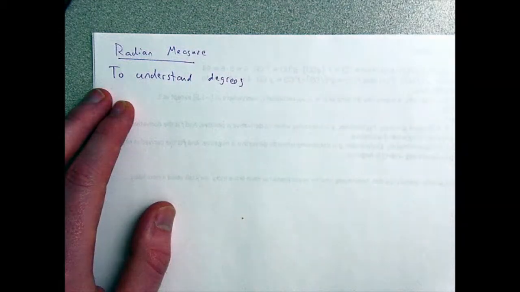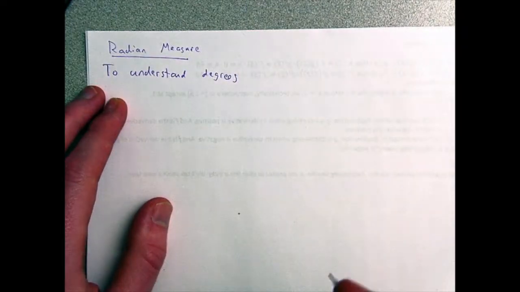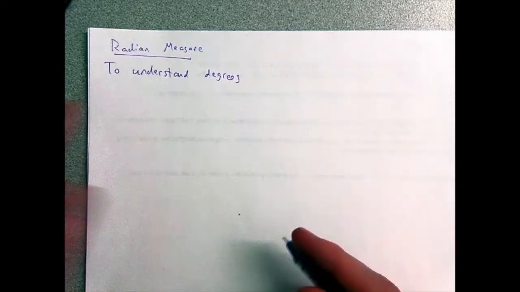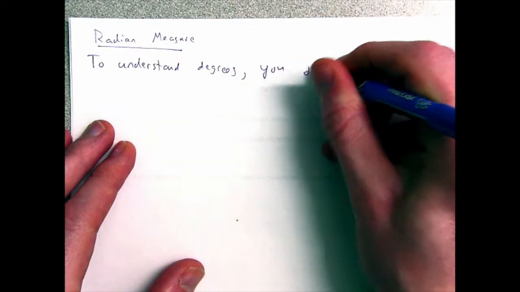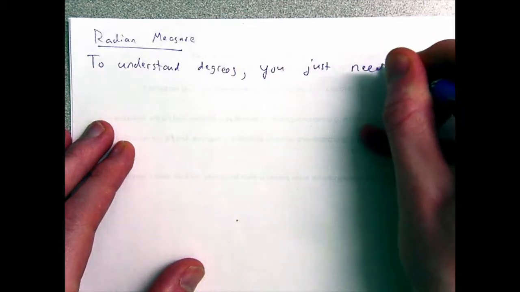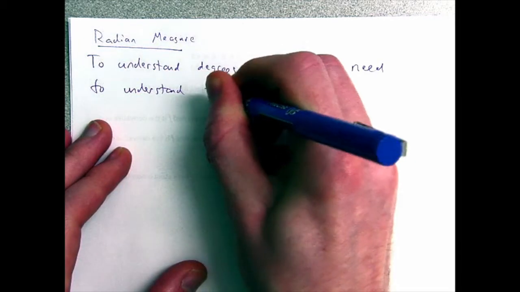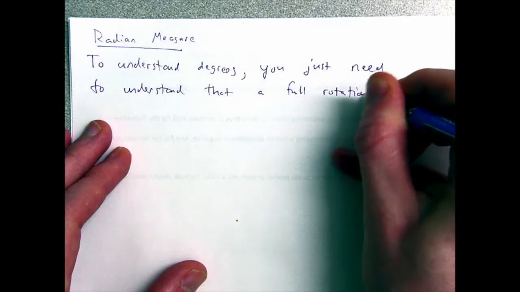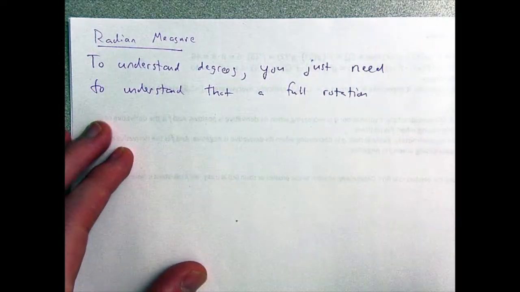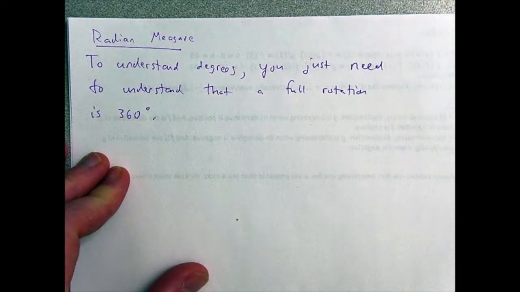To understand the unit of degrees, what a degree means, what 90 degrees means, and so on, you really just have to understand one thing: that a full rotation, all the way around, is 360 degrees. That's all you need to know to understand what degrees mean.